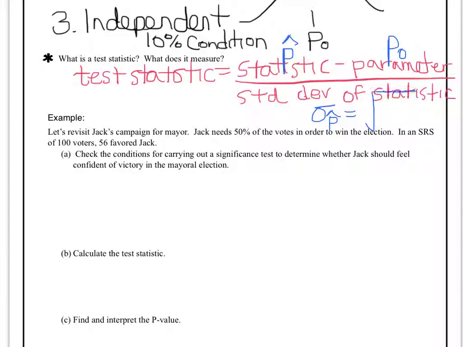Again, since I have a value that I'm pretending to be the null, that's the value I use when calculating this. So p-hat minus p sub 0 over the standard deviation of p-hat would be my test statistic. And because I'm dealing with p, I use z just like I used it with confidence intervals.